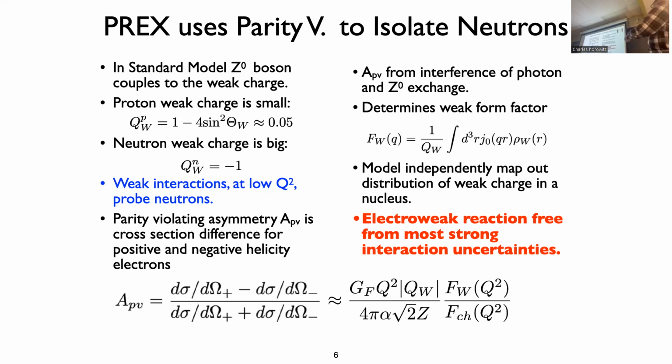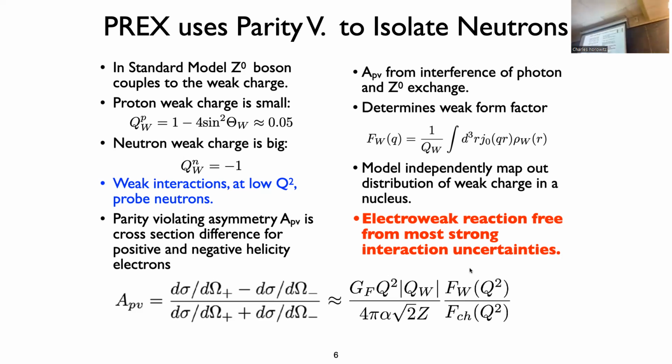In the Born approximation, it's the interference of a weak amplitude, of order G Fermi, where G Fermi is the Fermi constant of the weak interactions, over the electromagnetic amplitude, which has alpha, the fine structure constant, hidden under there. Then there's the weak form factor, the Fourier transform of the weak charge density, and the weak charge density is essentially the neutron density.